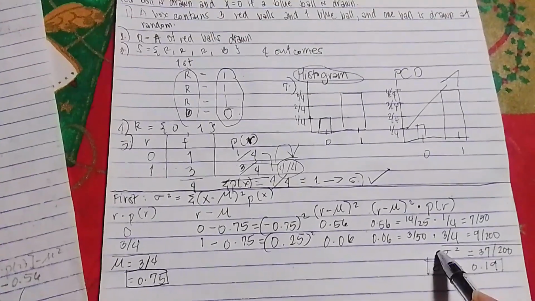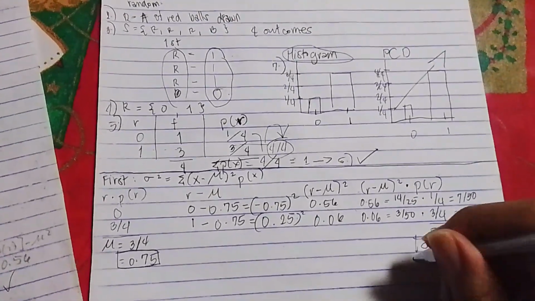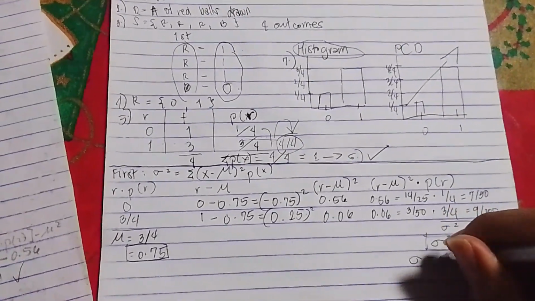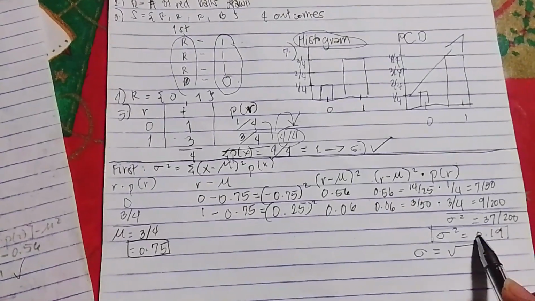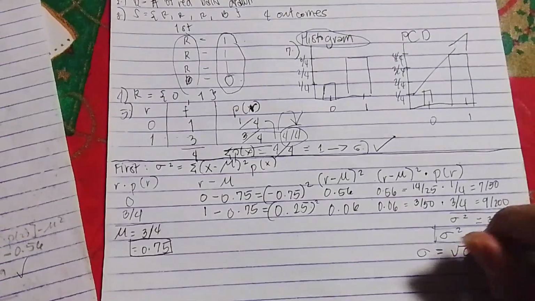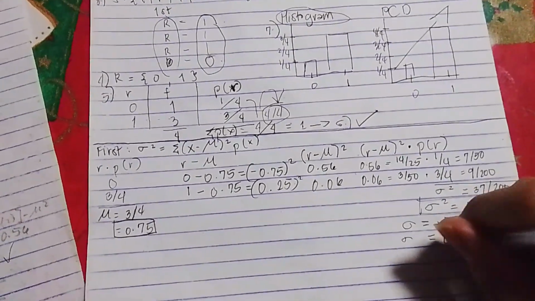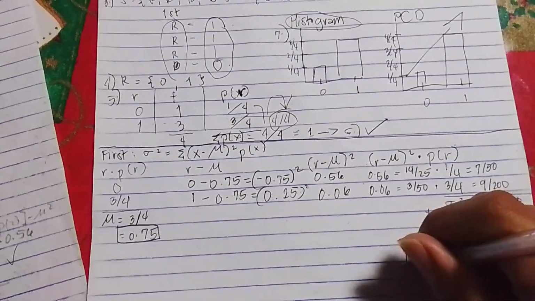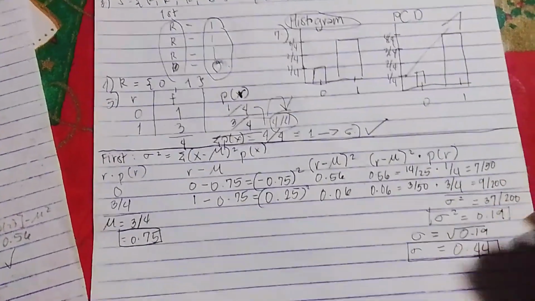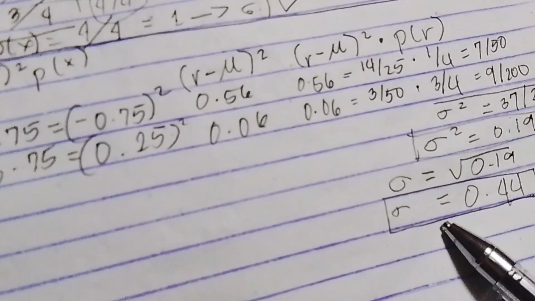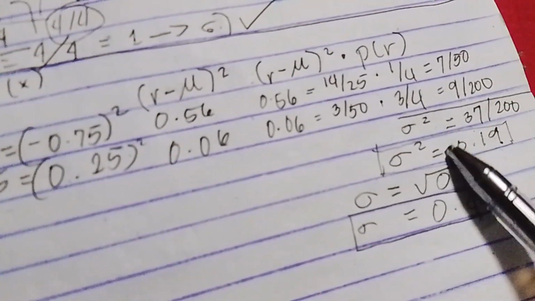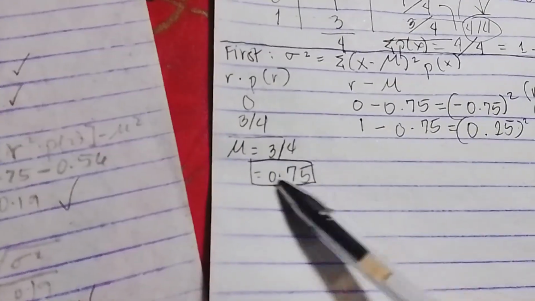In order to find the standard deviation, we will have to take the square root of 0.19, and the answer is 0.44. So now we have our standard deviation, our variance, and our mean.